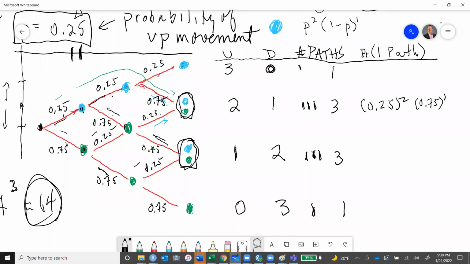I think I calculated it as 4.6875. You can check that. Check that out.